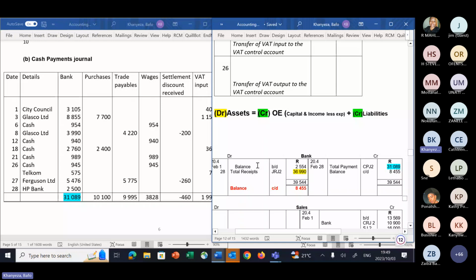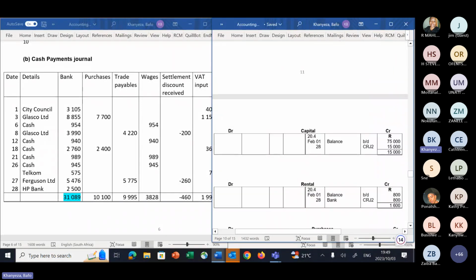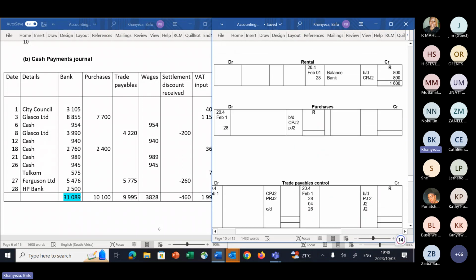So for the bank in the cash payments journal, we decided that it's going to be a credit, because assets are on the debit side. So when you pay, you are reducing assets. So now I was trying to take you back. Just for simplicity, if that's how you feel it can work for you to reason it.